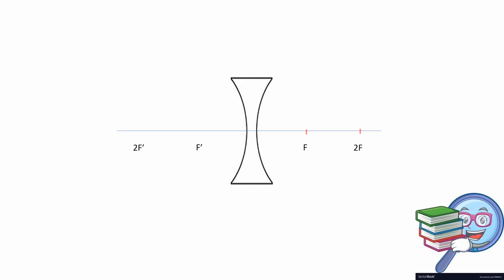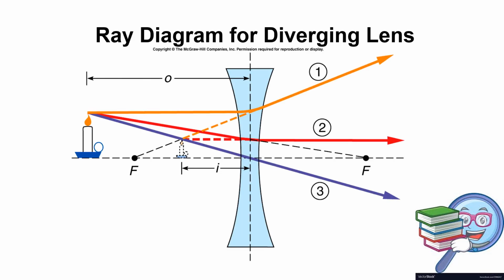In front of the lens, where the imaginary refracted rays meet, or the extension of the refracted rays meet, is called the virtual focus or virtual focal point, labeled F prime. Twice the focal length is where 2F prime is located. This is an example of a ray diagram for a diverging lens.